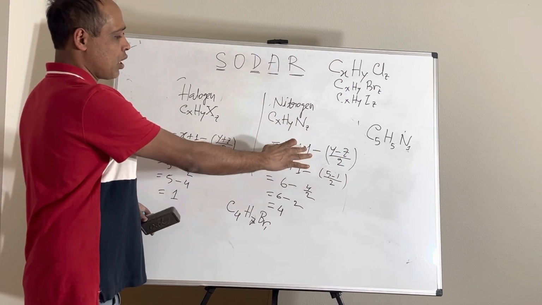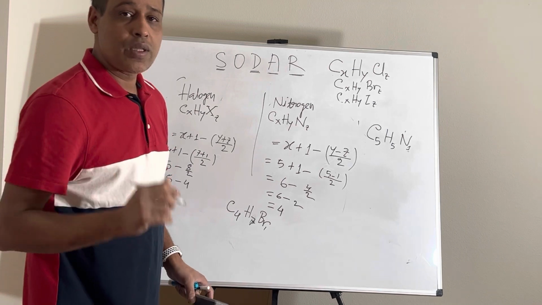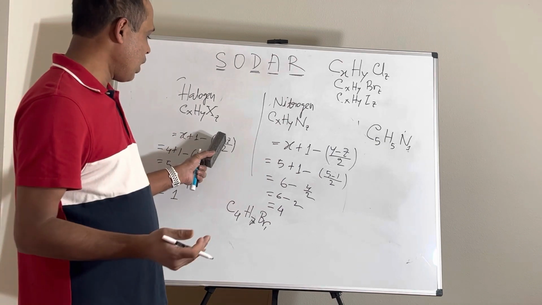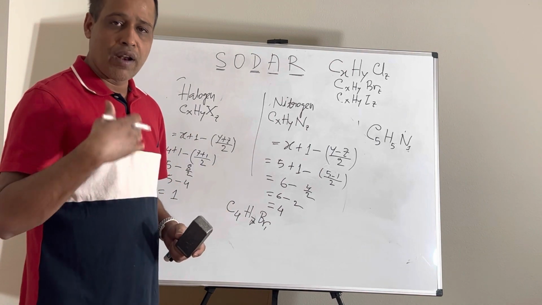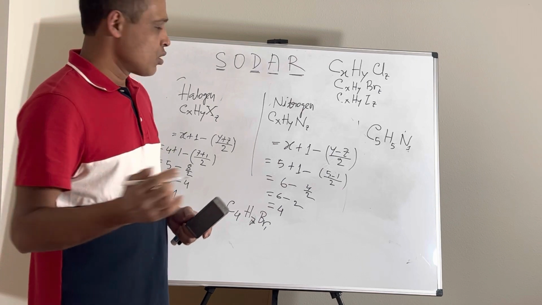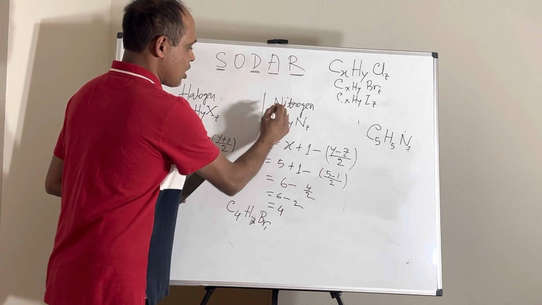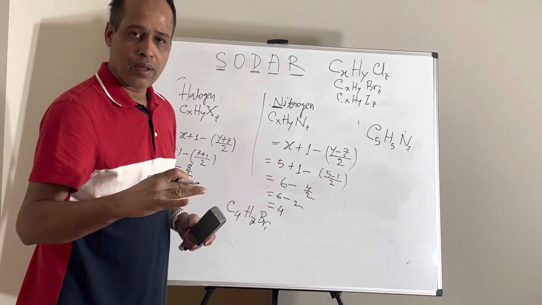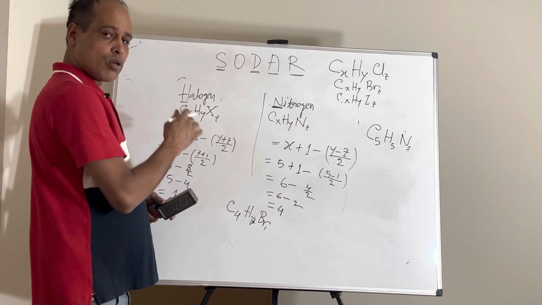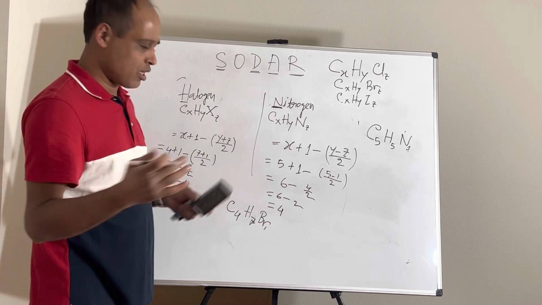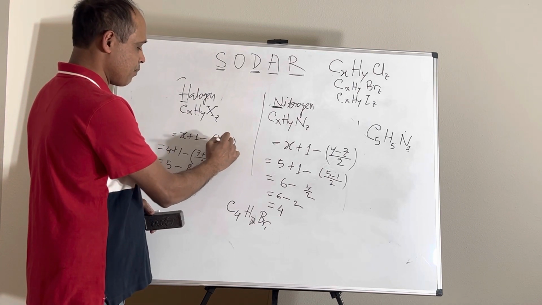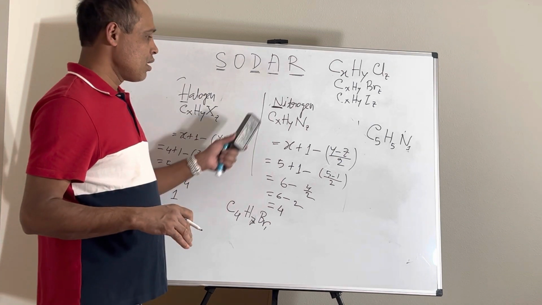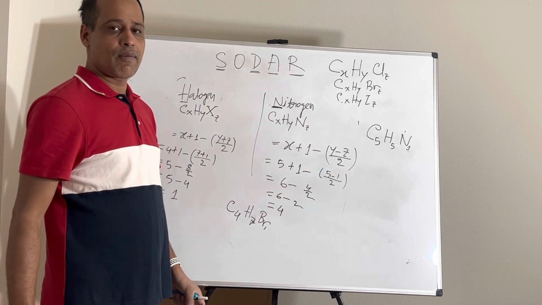If you have the nitrogen in the molecule, just subtract the Z. And one good technique to remember in which case you will add with the Y, and in which case you will subtract or make a negative with the Y. So remember that nitrogen starts with N, so negative, so you can just put a negative sign here, Y minus Z. Okay, and halogen, it's like a proton, hydrogen. Proton is positive, so you can just remember that, add the number Z. It's just a technique to remember, nothing serious. Especially for the nitrogen case, just subtract the Z value, that's it.